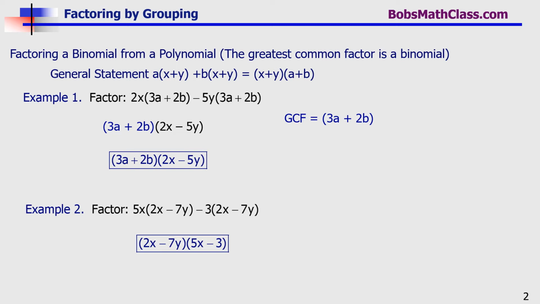And then whatever's left over from both of them, excluding the 2x minus 7y, goes in the second parentheses. Again, if you have 5x minus 3 times 2x minus 7y, that's also okay. So the order doesn't matter. Because of what property? That's right, the commutative property.